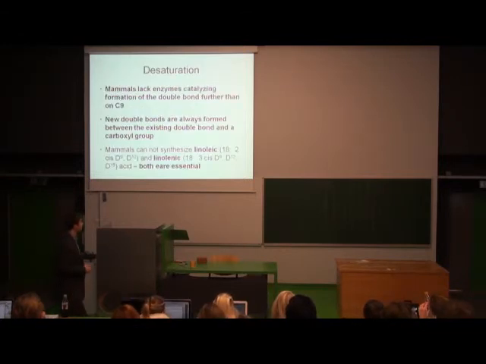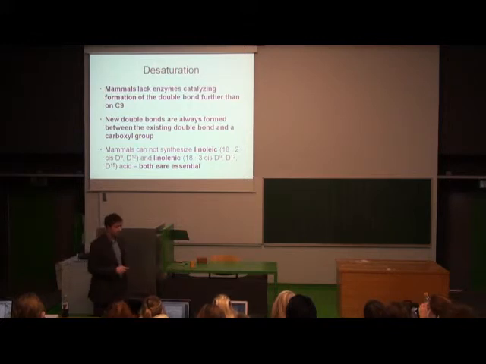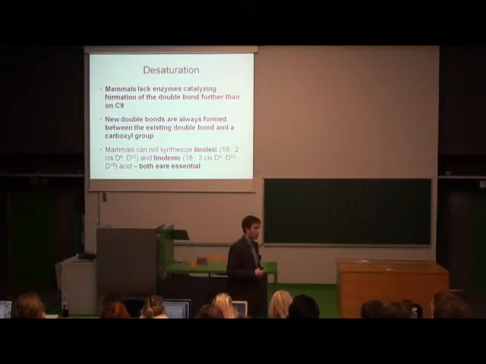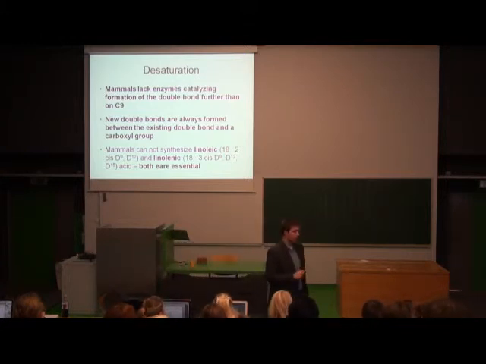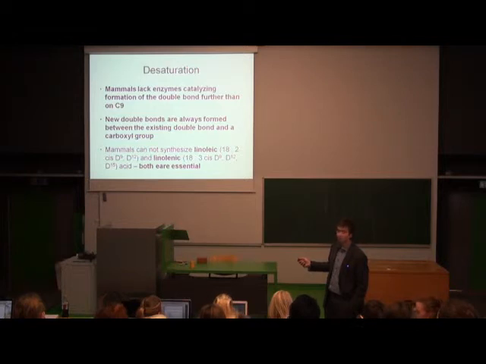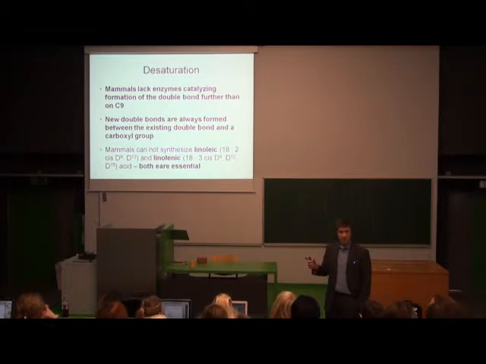But what you have to know is that there is one problem with our desaturases. We cannot incorporate the double bond further than on the carbon number 9. Yes? It means that we have, for example, stearic acid that's saturated. And from stearic acid that has 18 carbon atoms, we can produce oleic acid.